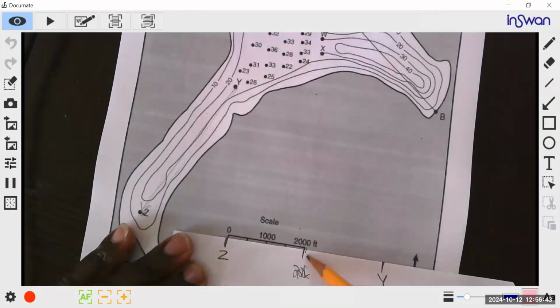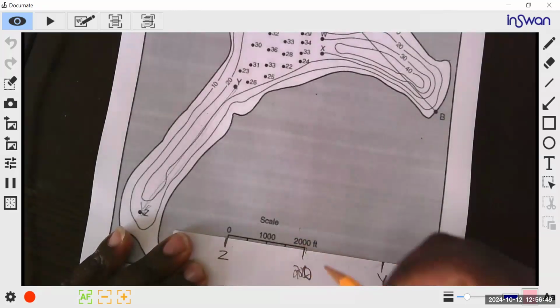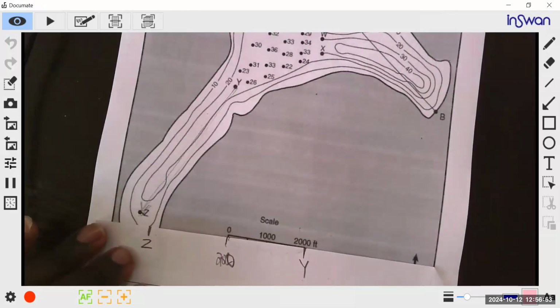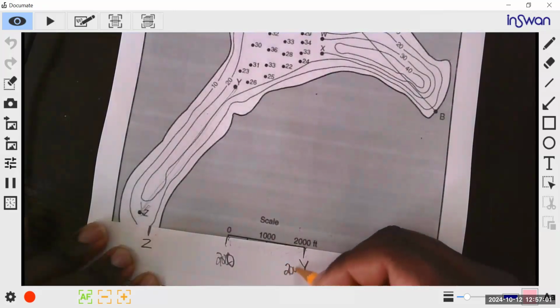Now I just need to find the distance of this space that's left over. So what I'm gonna do, this is 2,000. I'm gonna move this over to 0, and I'm gonna find the distance of the remaining amount. And I see another 2,000, so I'm gonna write 2,000.